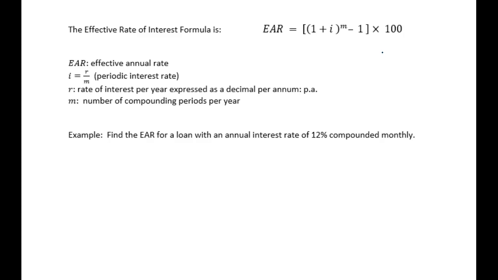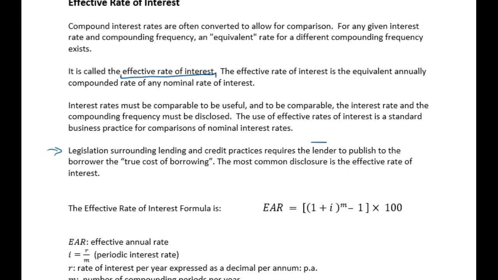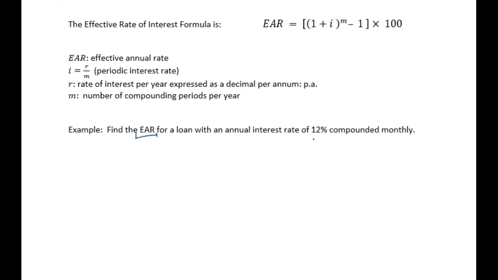So again, let's do an example of seeing how we apply this formula to create an effective rate of interest. Here's our example. Find the EAR, the effective annual rate, for a loan with an annual interest rate of 12% compounded monthly. We have all the information we need to do that calculation.